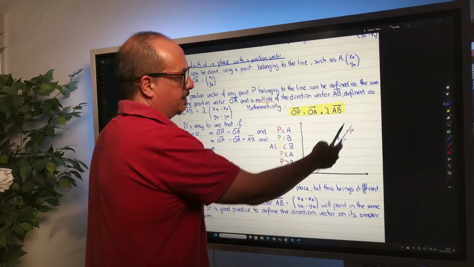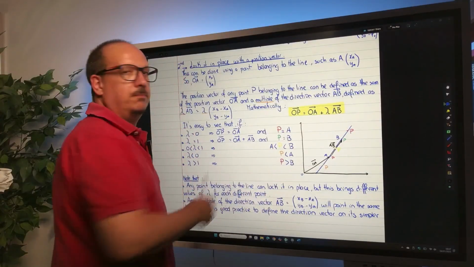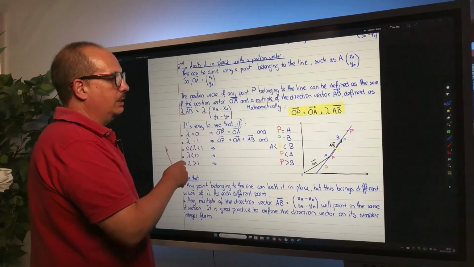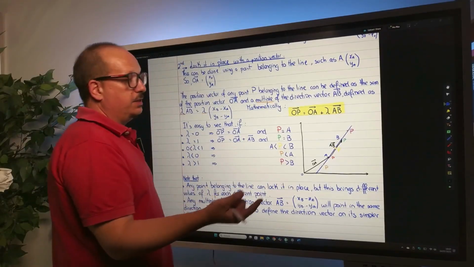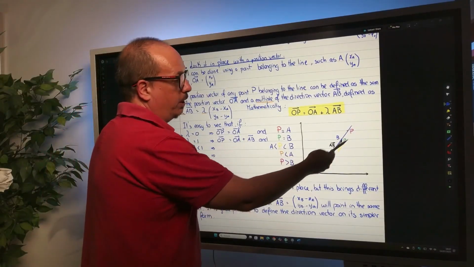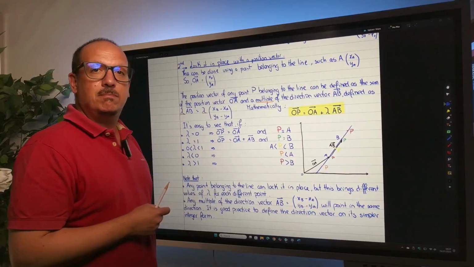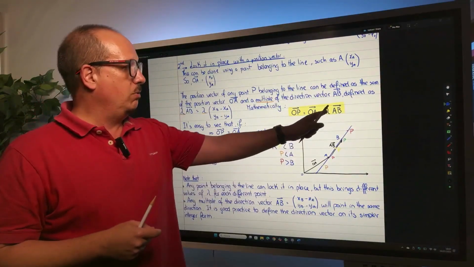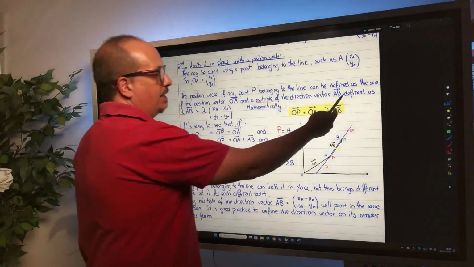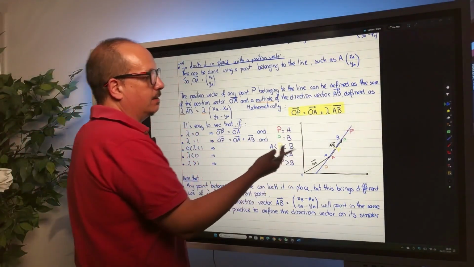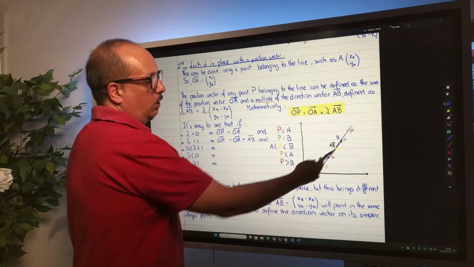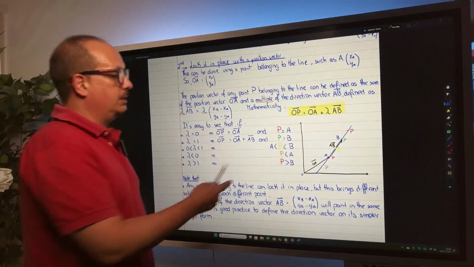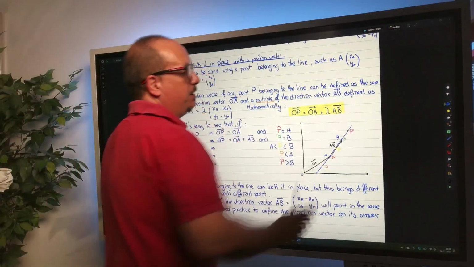So OA plus AB, that's point B. If lambda is somewhere in between 0 and 1, this means that the point P is going to be somewhere between point A and point B. If lambda is smaller than 0, then this is going to be a negative vector, meaning that the point P is going to be below point A, somewhere over here. And if lambda is bigger than 1, then the point P is going to be above B.